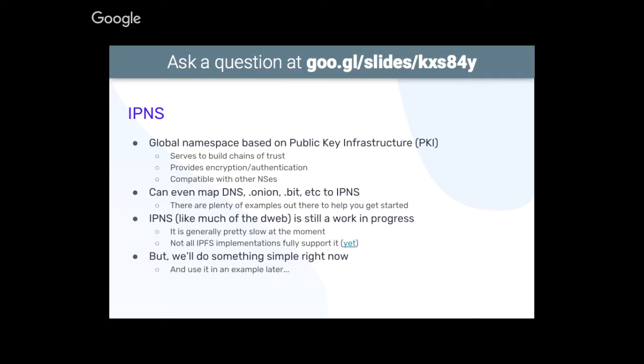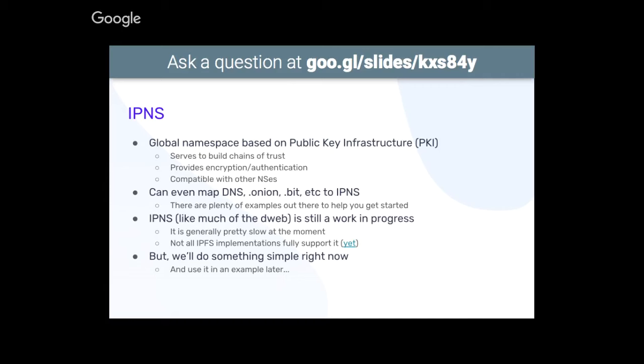Having said that, IPNS, like a lot of decentralized web technology at the moment, is still a work in progress. In fact, you should really be treating all IPFS related software and tools at this stage as beta level software. IPNS is still pretty slow.